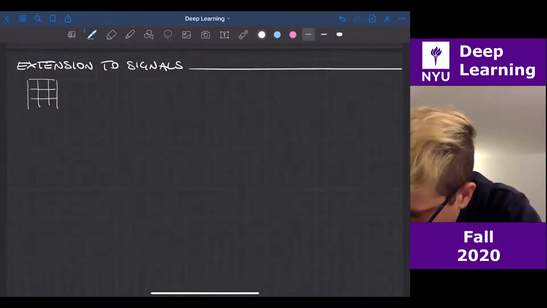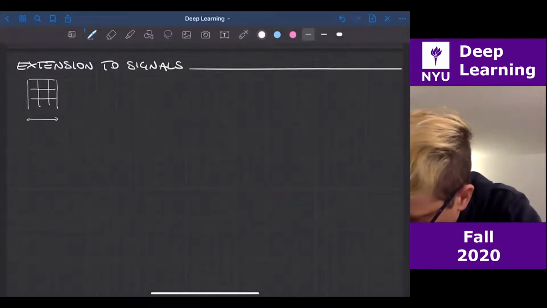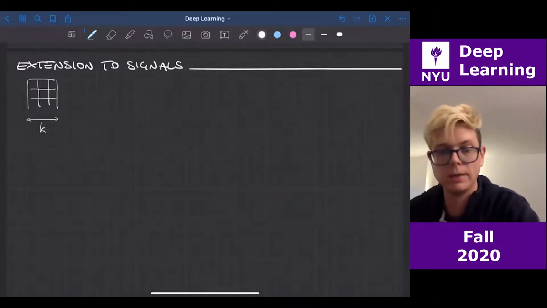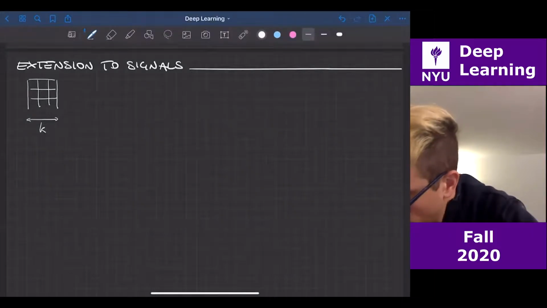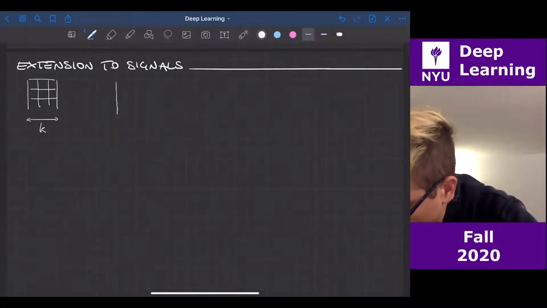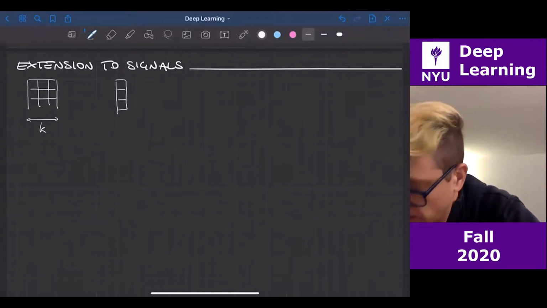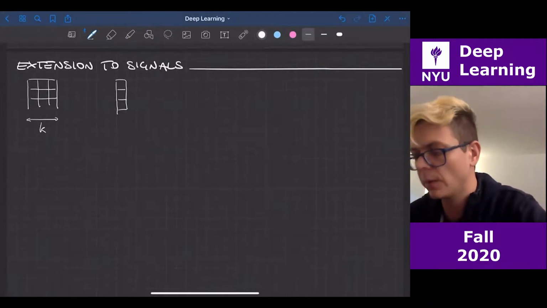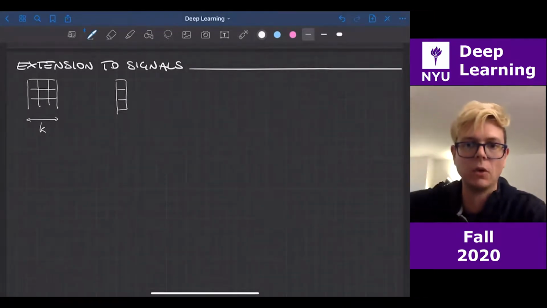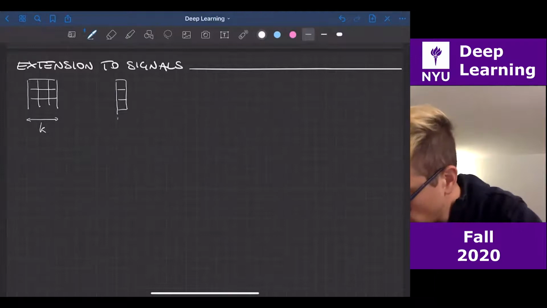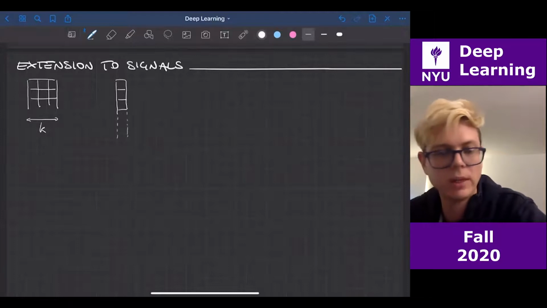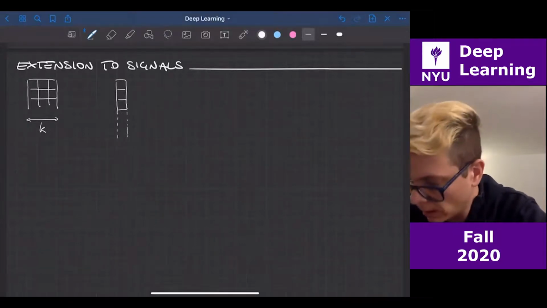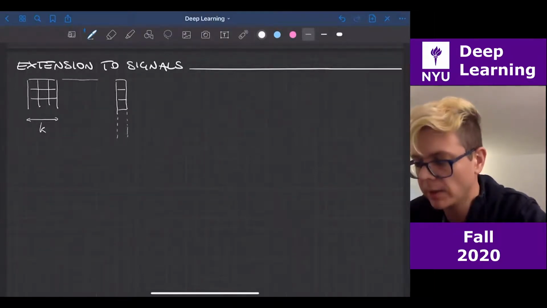I'm going to call these columns here lowercase k in this case. And then here I'm going to have my signal, which has to have 3 items, since you have 3 columns, right? We just figured that out. But then our signal will definitely extend over time, and so this stuff will be going down a lot. And so we have to extend this matrix, right? We had to make it larger and larger.